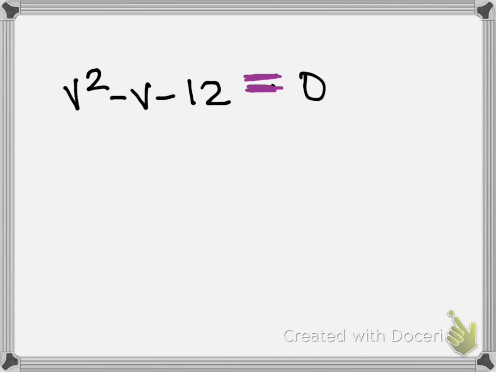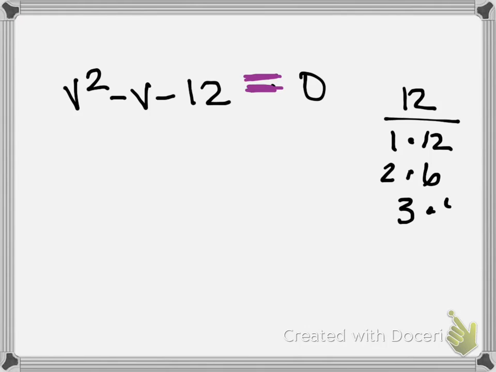So first thing we've got to do is factor. Well, let's use the old parenthesis method. So factors of 12: 1 times 12, 2 times 6, and 3 times 4. Now where am I trying to get to? That's a 1. Come back over here. Obviously, the 3 and the 4 are my winners. Now, since I have a negative product in the negative 12, that tells me one of them's positive and one of them's negative.